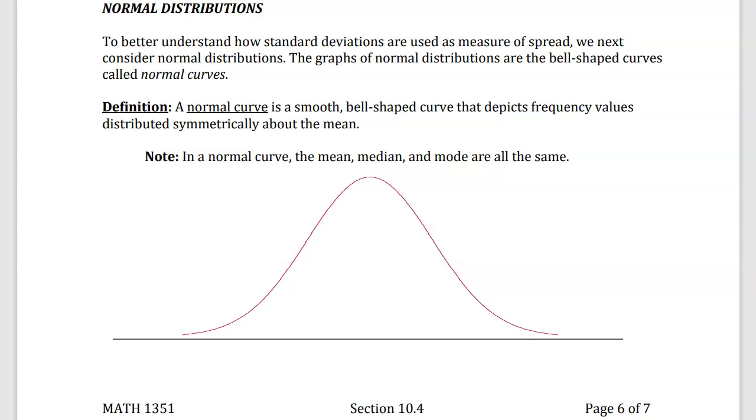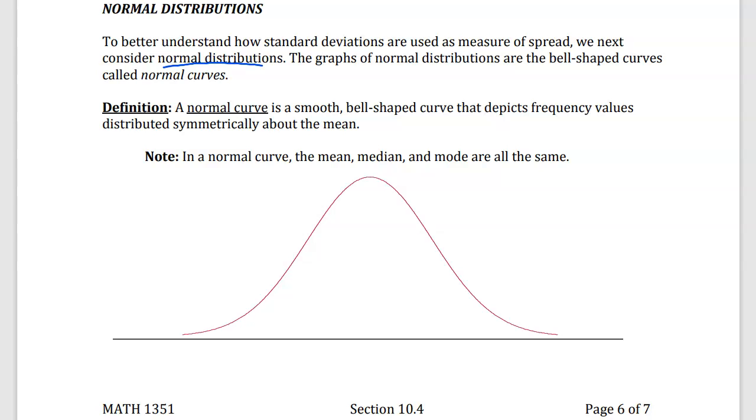We just looked at solving for standard deviation. The reason why we use standard deviation is to better understand how spread out the data is under what we consider a normal distribution.